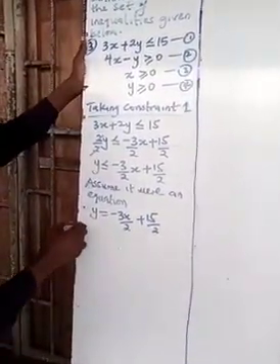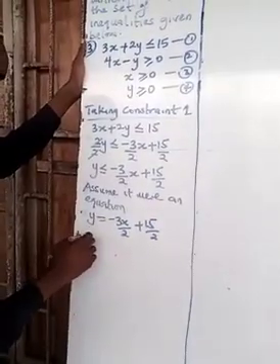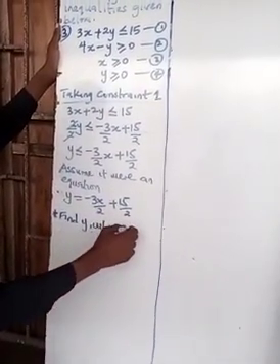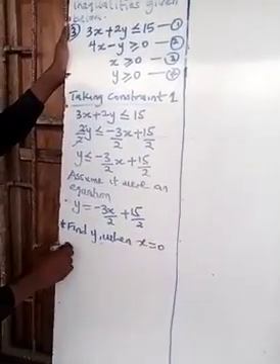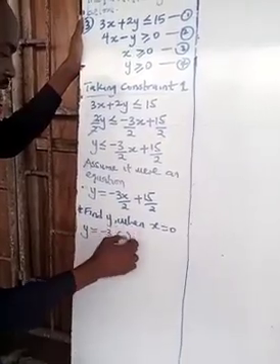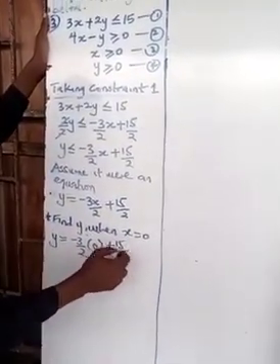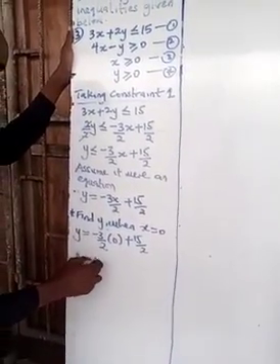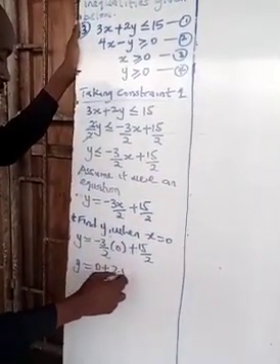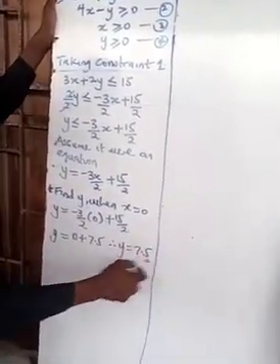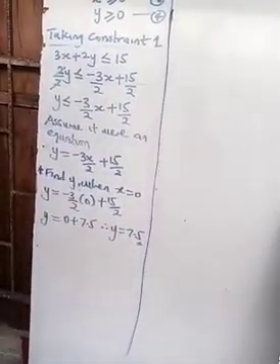So find y when x is 0. So we have y equals to minus 3 over 2 times 0 plus 15 over 2. So y is equals to 0 plus 15 over 2, which is 7.5. So that means y is 7.5.